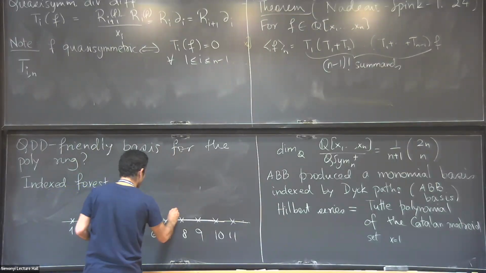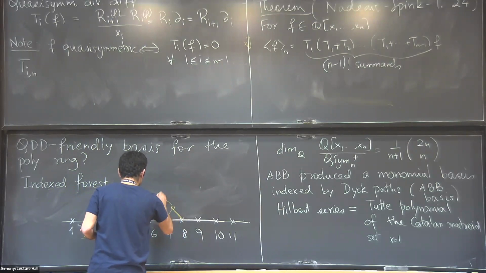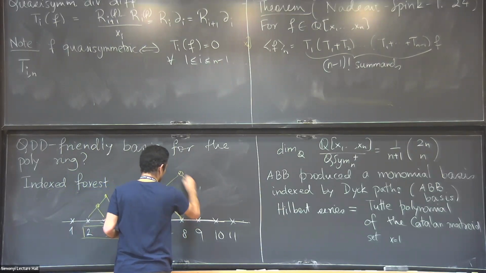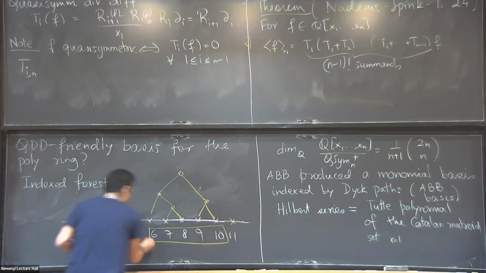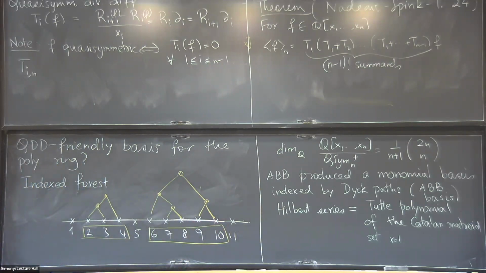Let me take another one, so maybe this guy, this guy, this guy. This object, a collection of trees, is what I call an indexed forest. Binary trees. Rooted binary trees, disjoint support, supported on intervals, and all supports disjoint.